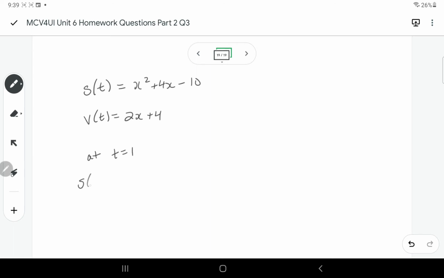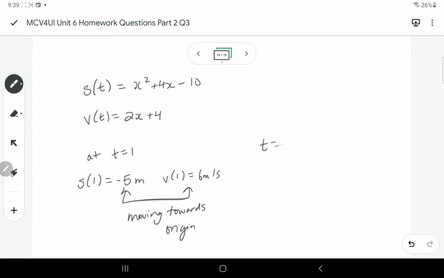So you would say S at 1 would be 1 squared plus 4 times 1 minus 10, which is negative 5 meters. And V at 1 is going to be 6 meters per second. So this would be opposite signs, so it's moving towards the origin.